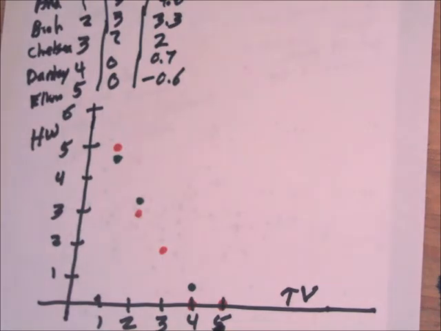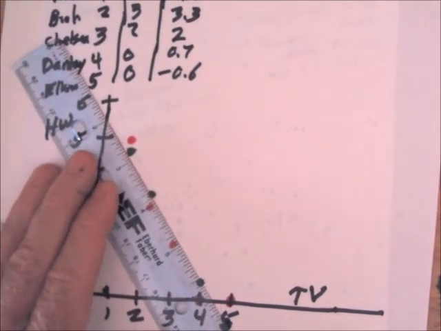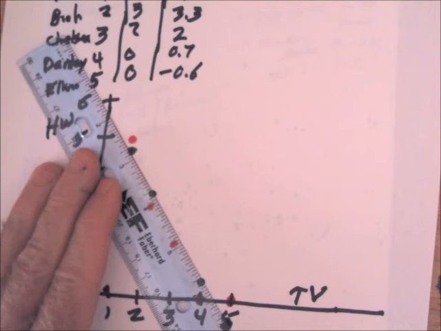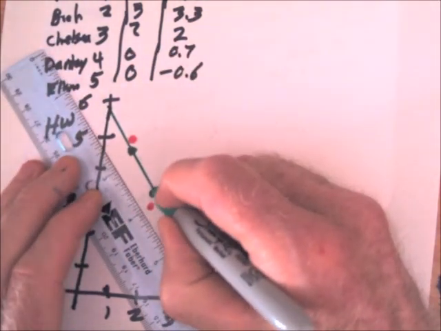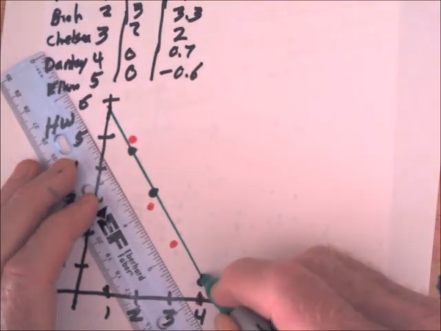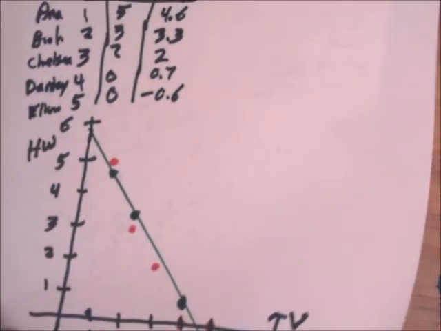Okay, so then I can connect the green dots. The green dots will actually be my prediction line. I'm maybe a little bit off with my graph here, plotting the points, but so that's my prediction line.